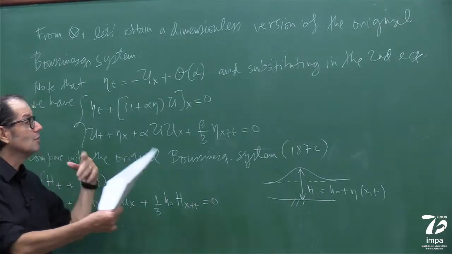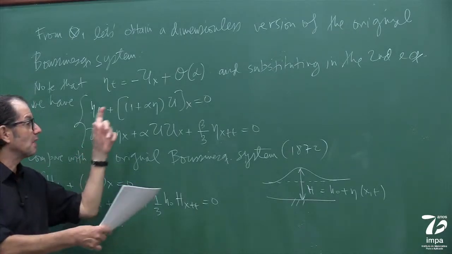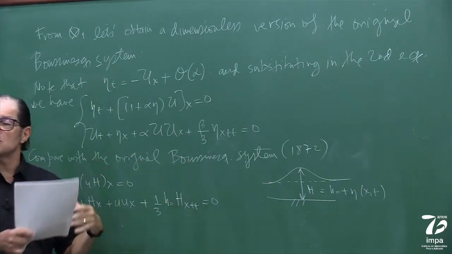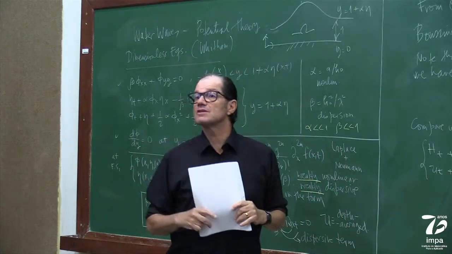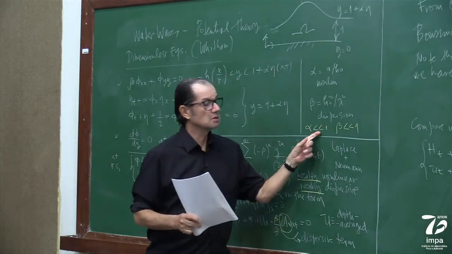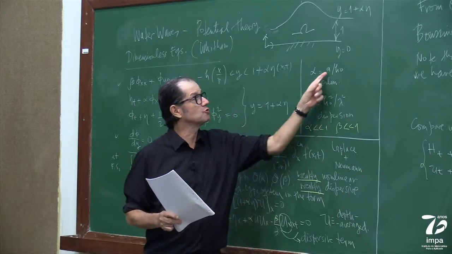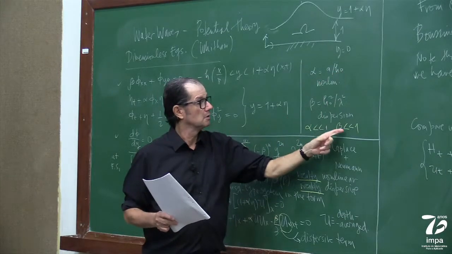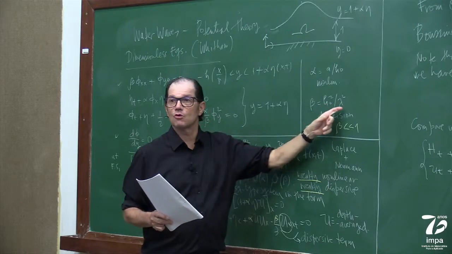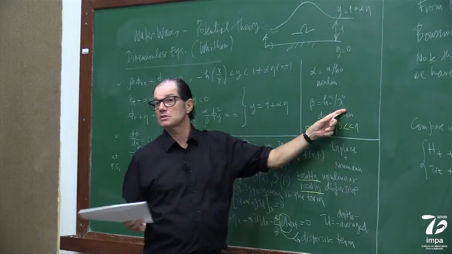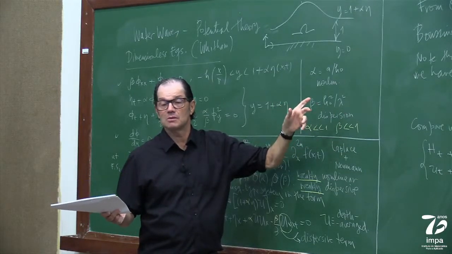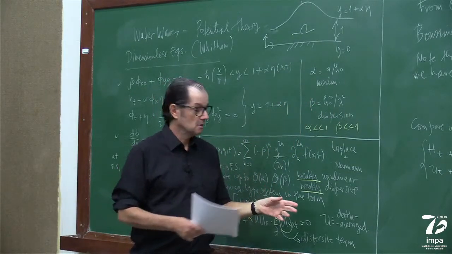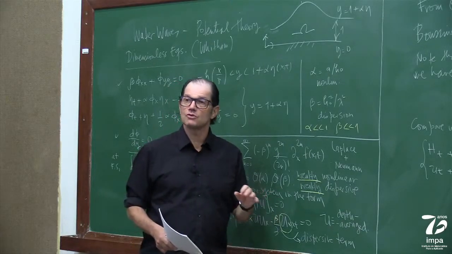And I can still play more games and keep on changing these terms under the same physical hypothesis, which is small amplitude over depth, small depth over wavelength. So it's the same physical hypothesis, same asymptotic regime, but I can cook up many different equations. You will see this.